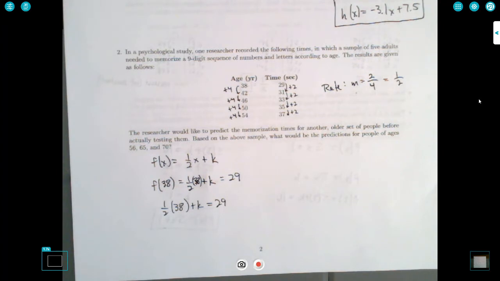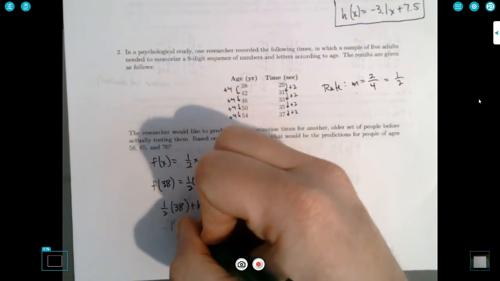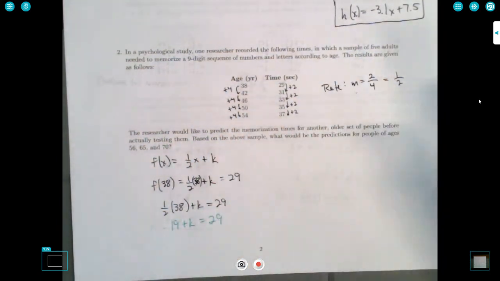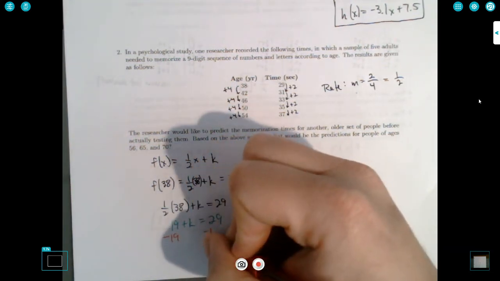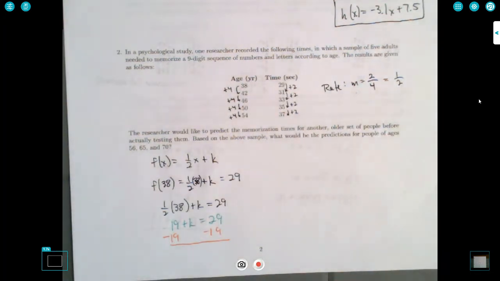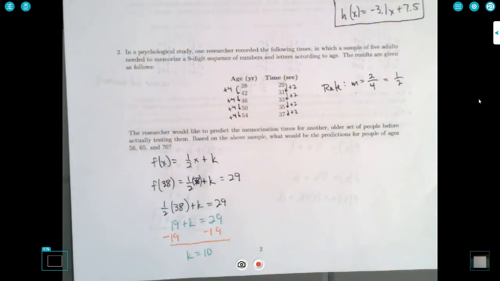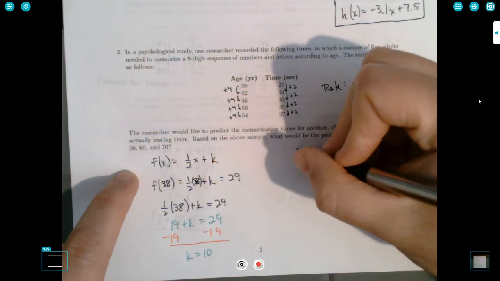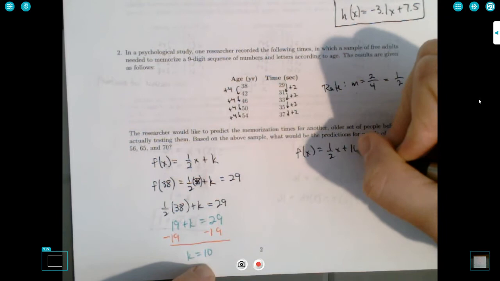And let's see what we get. 1/2 times 38 is 19. So 19 plus k equals 29. And I can solve for k. I need to subtract the 19. And I get k equals 10. All right, so putting that all together then, I know that f of x equals 1/2 x plus 10, right?